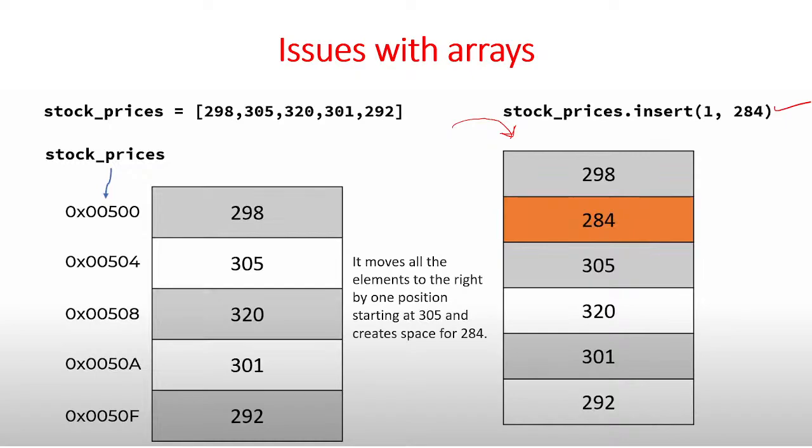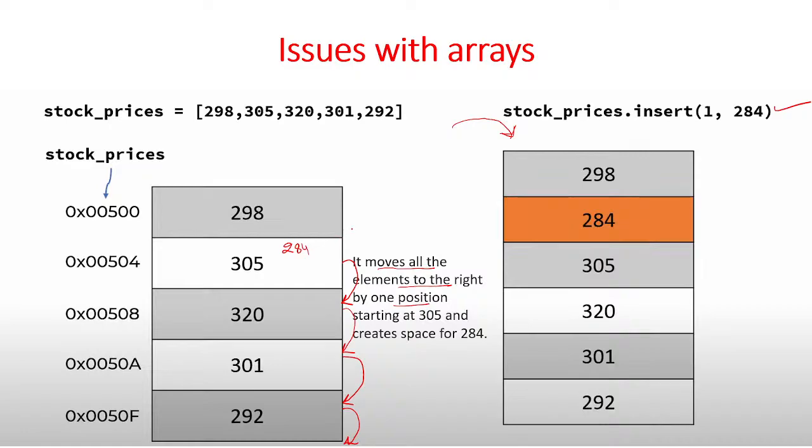It moves all the elements to the right by one position starting at 305. First the 392 will be moved to the next location, then 301 will be moved to this location, then 320 will be moved to this location, then 305 will be moved to this location. Then the element 284 will be inserted at this location.